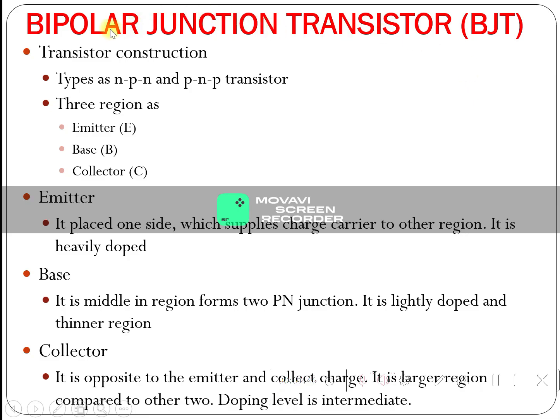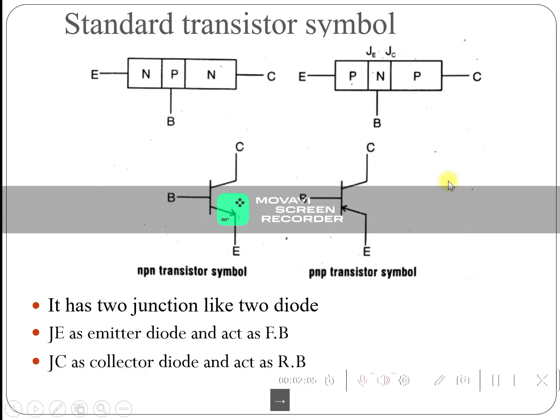The BJT is a three-terminal device, namely base, emitter, collector. Emitter is heavily doped, base is lightly doped, and collector has intermediate doping level. This is the symbol: base, emitter, collector.